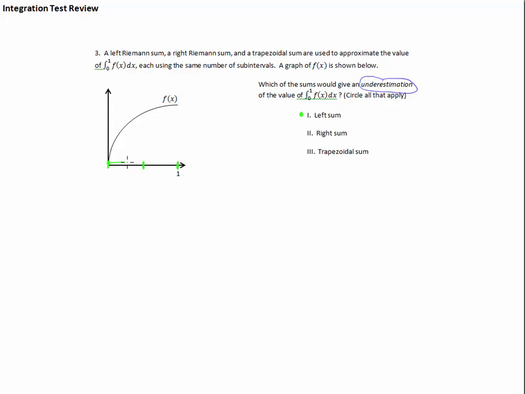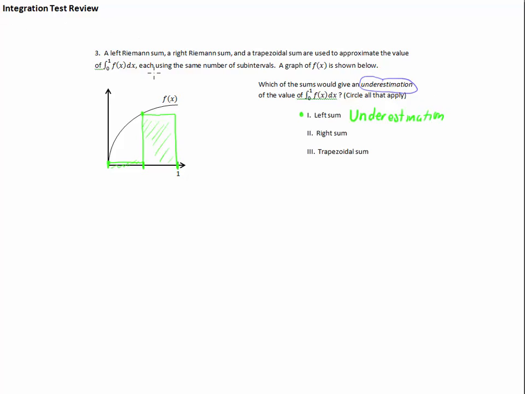So this first one is not tall at all. In fact, it's actually at 0. And this one will go up to my function, right there, like so. If I were to find the area of these rectangles, it is going to be an underestimation of what the actual area is. The actual area is this whole quarter circle right there. So this is definitely an underestimation.